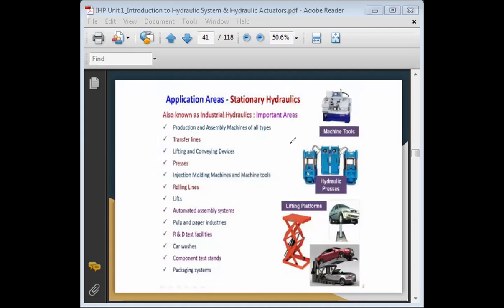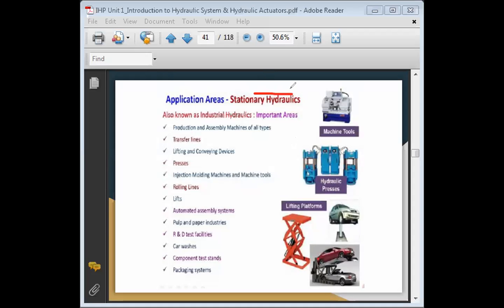So another way of classifying the applications of hydraulics and pneumatics is by application areas corresponding to stationary hydraulics. What we have seen are all different areas; in line with that, we have other application areas of fluid power in stationary hydraulics.